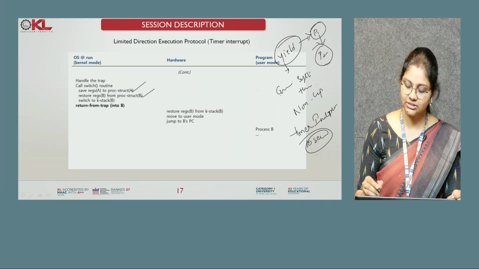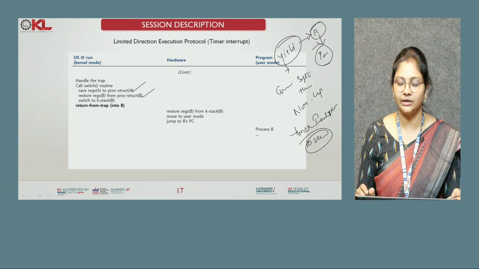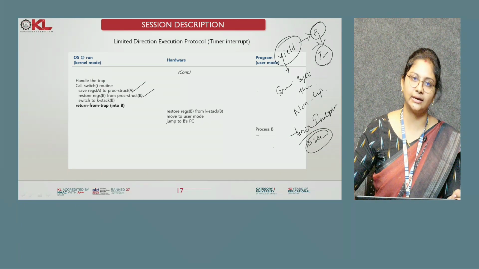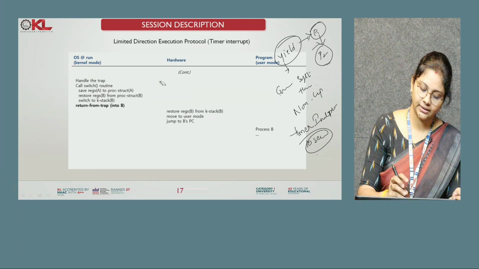Okay, so that is the timer interrupt. In this way, the timer interrupt will be implemented in between two processes. Okay, so this is how direct execution will be implemented.